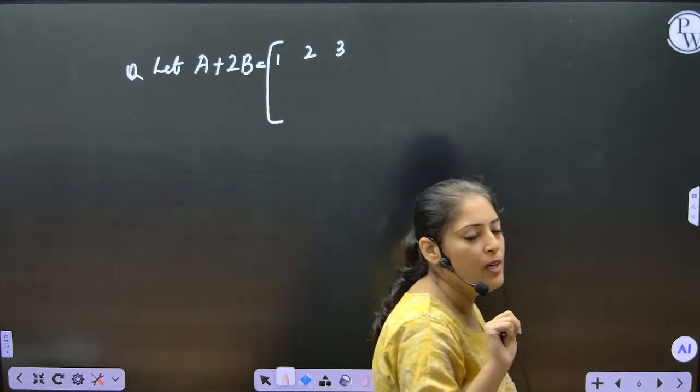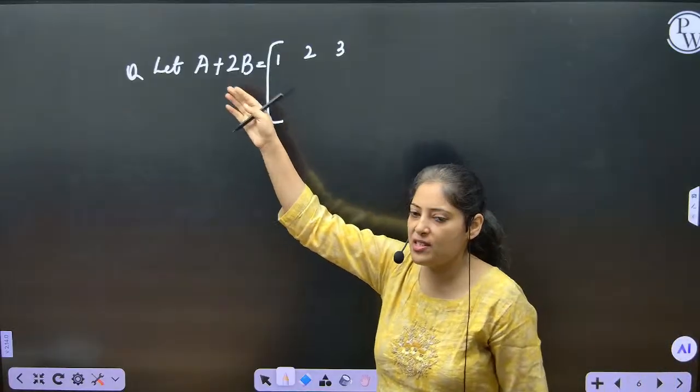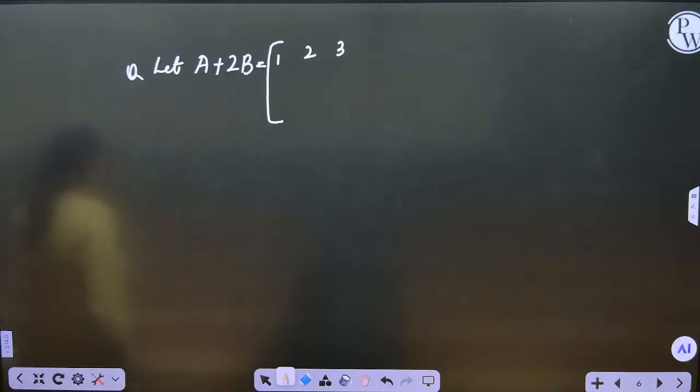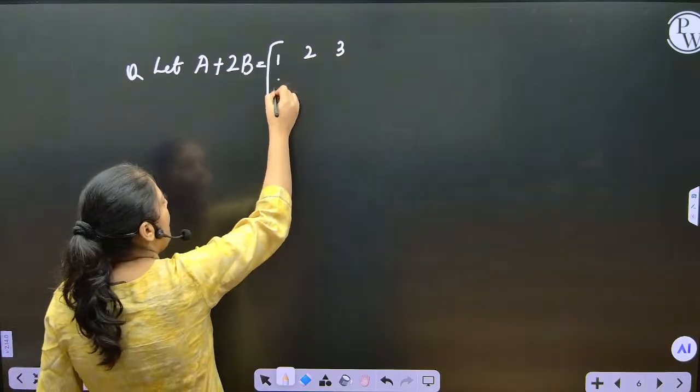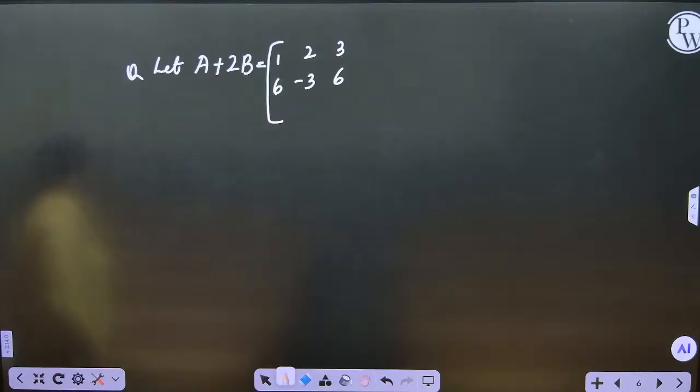We have already done, no? So now this is nothing but in two matrices only. With the same elimination method only we'll do it. Elimination or substitution, anything you can follow, but of course, elimination, I find it easy. A plus 2B is 1 2 3, 6 minus 3, 6 minus 5, 3, 1.